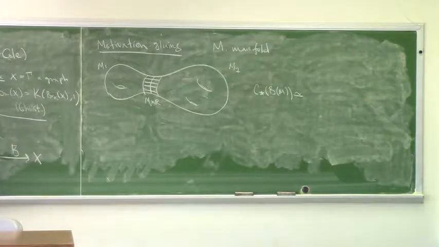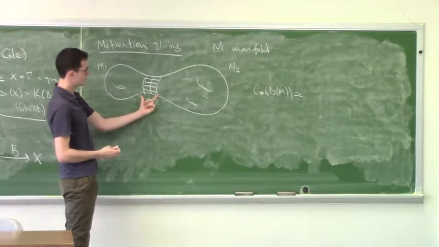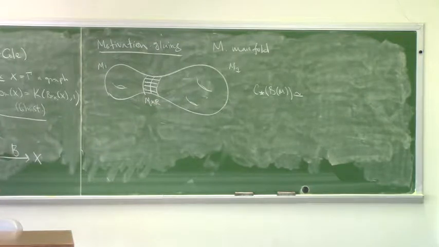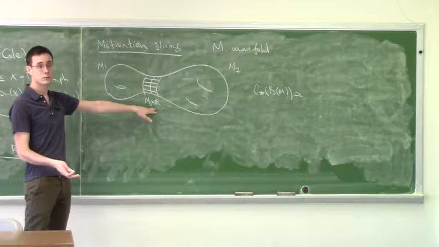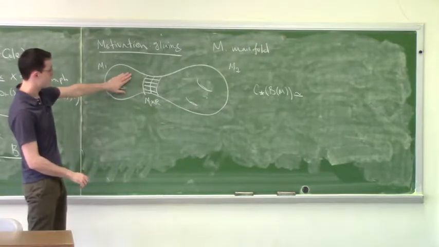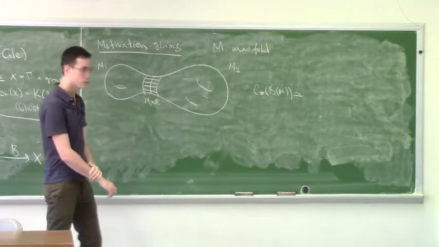Because of this property that disjoint union is sent to Cartesian product, and because I'm gluing along this collar, this has the consequence that singular chains on configurations on the collar becomes an associative algebra up to homotopy. And the left-hand side becomes a module over that associative algebra, and the right-hand side also becomes a module.